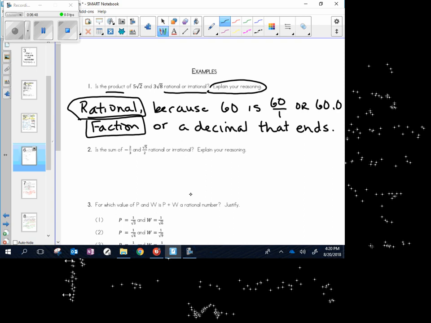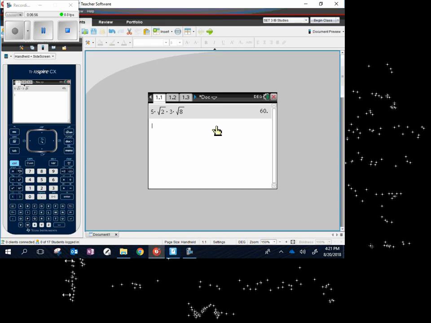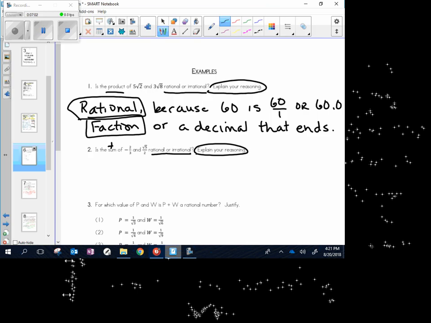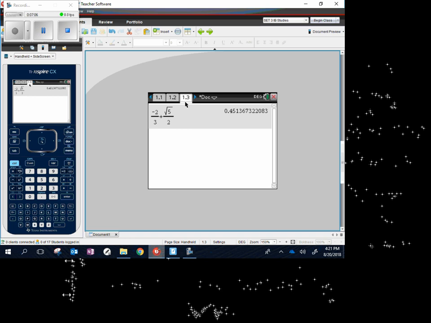Next example, I want to know, is it rational or irrational? And I want to explain my reasoning. Sum means add. So I'm going to go to my calculator with these numbers. I believe, wait a minute, negative 2/3 and radical 5 over 2. Yep, that's the answer. And if you look very carefully, I don't see anything repeating.